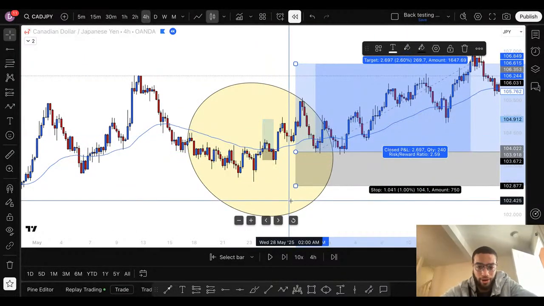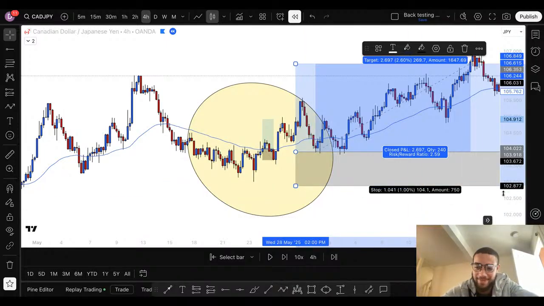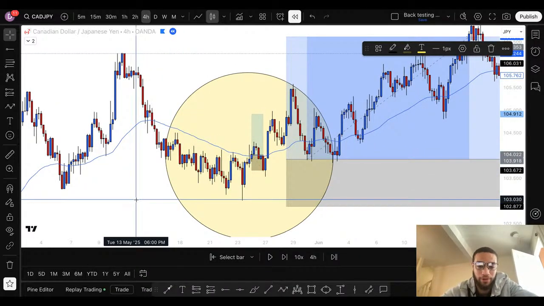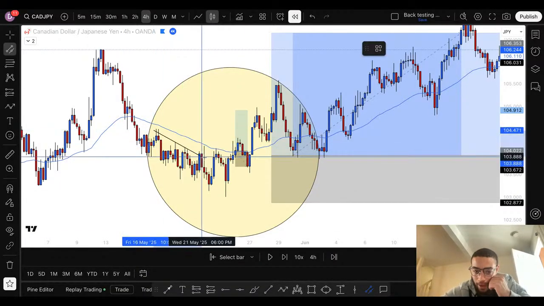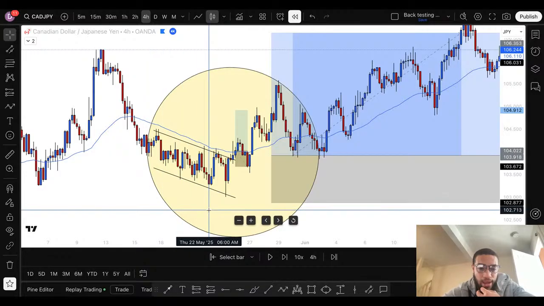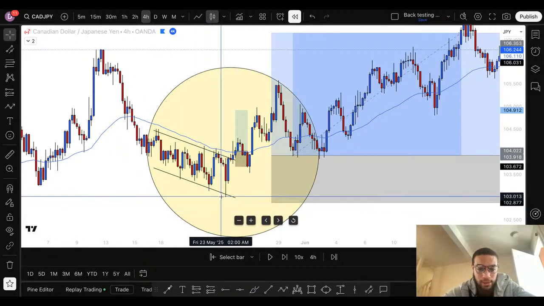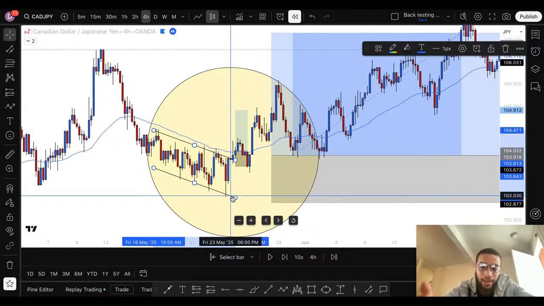I even took this trade. I just happened to get stopped out, right? It was beautiful. We have, if you know, you know, a beautiful channel consolidation coming here. A breakout. And again, what do we have? A higher low.